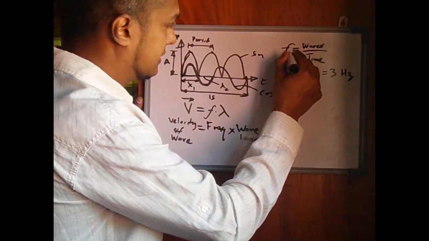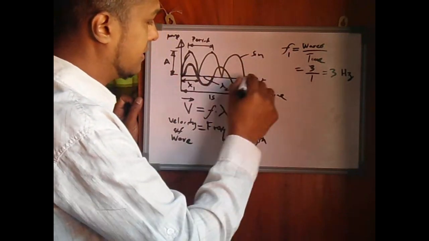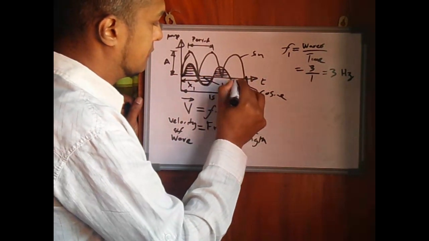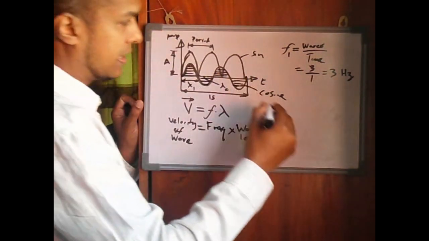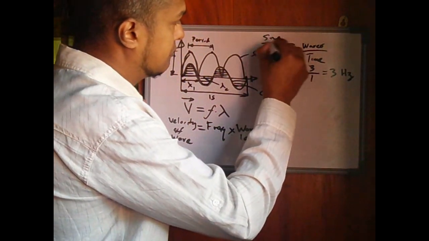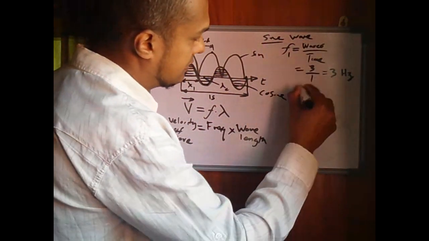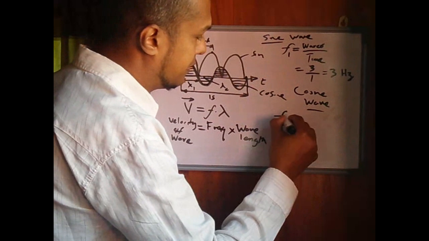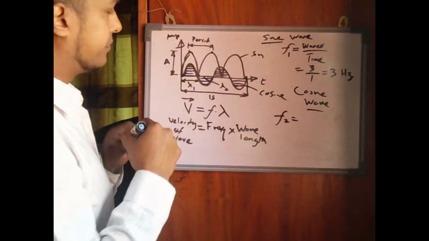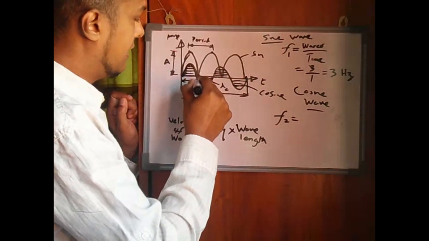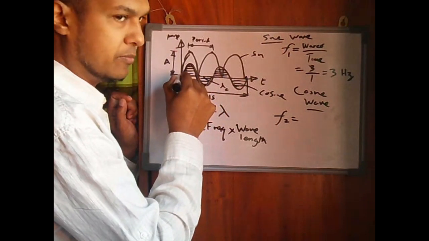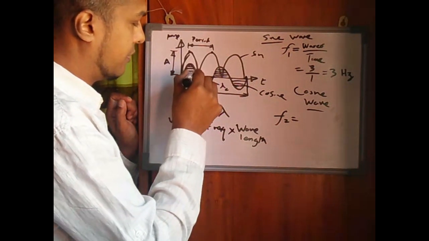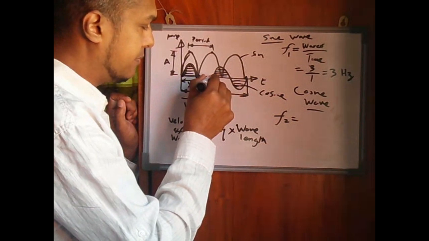And for the second graph, which is this one, that one is the cosine wave. The frequency would be, from the same point to the next same point, the starting point, you go all around and come back to the same point.